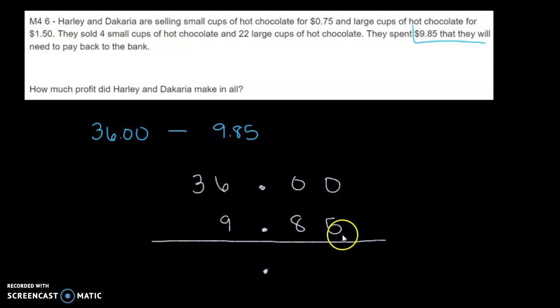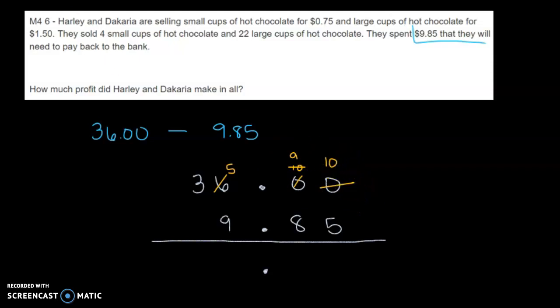We can't do 0 minus 5. We have to borrow. We can't borrow from this 0. We have to come all the way over here and borrow from the 6. So this turns into a 5. This is going to turn into a 10, but I still need over here. So he's got to borrow again. So we're going down to 9, and this becomes a 10.